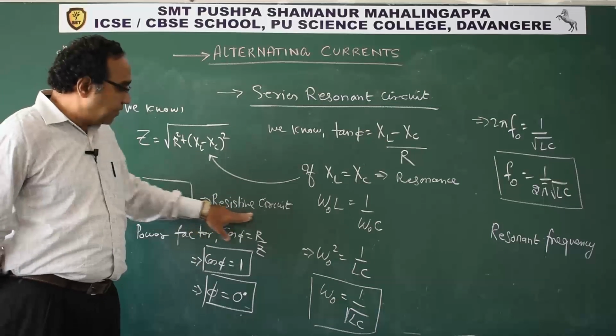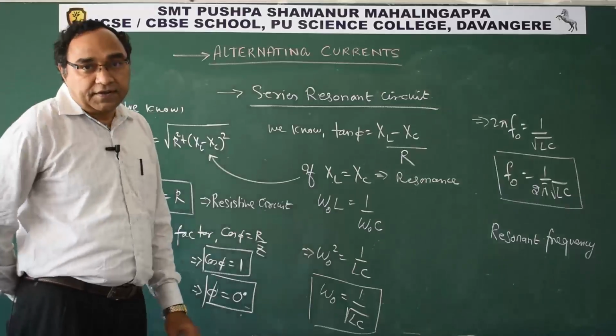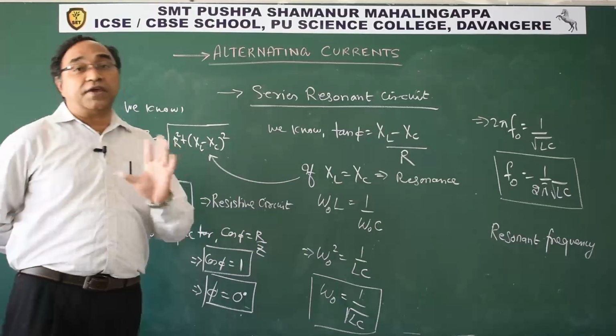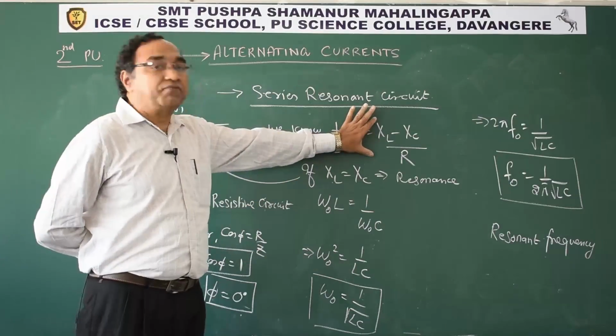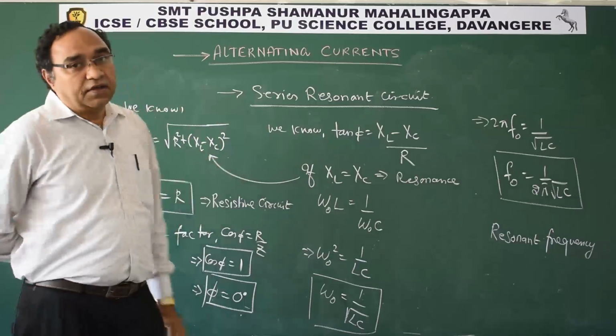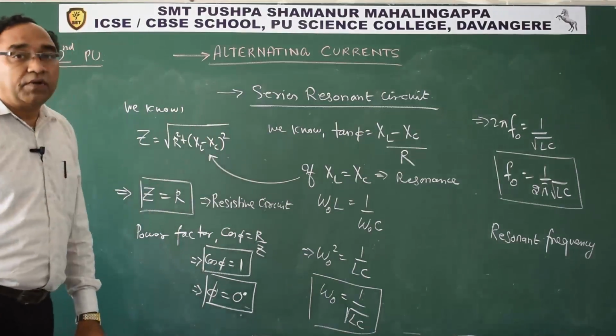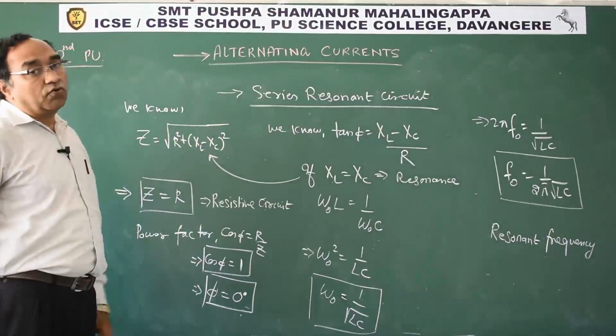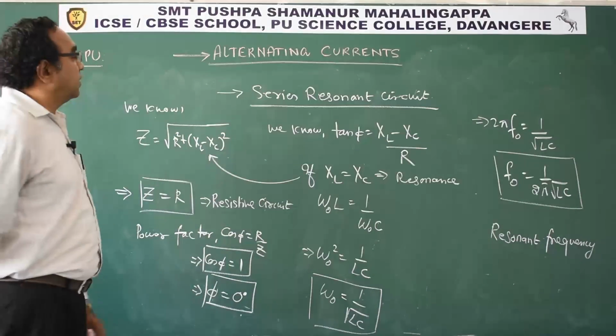And the circuit will behave as a resistive circuit. See, these are the various ways in which the expression of tan phi, XL minus XC by R, can be analyzed. So that is exactly how we will be approaching the numericals also in this particular context.